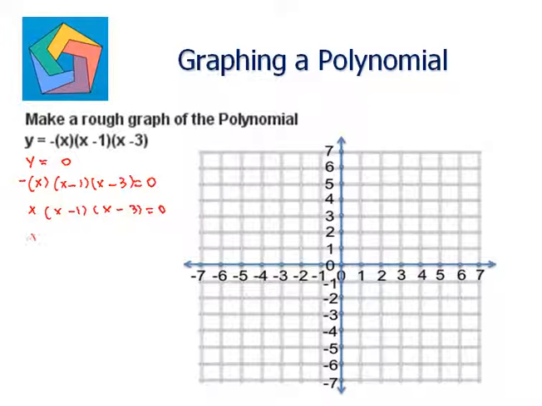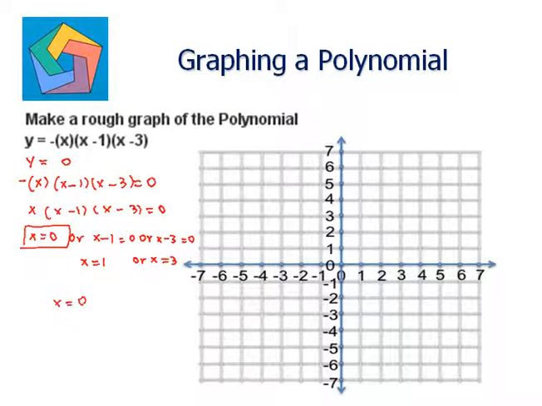Or we can also say either x is 0 or x minus 1 is 0 or x minus 3 is 0. So one: x is 0. Then x minus 1 is equal to 0, adding 1 both sides we get x is equal to 1, or x minus 3 is equal to 0, adding 3 both sides we get x is equal to 3. So we get x is equal to 0, 1, 3 as the zeros of this polynomial.